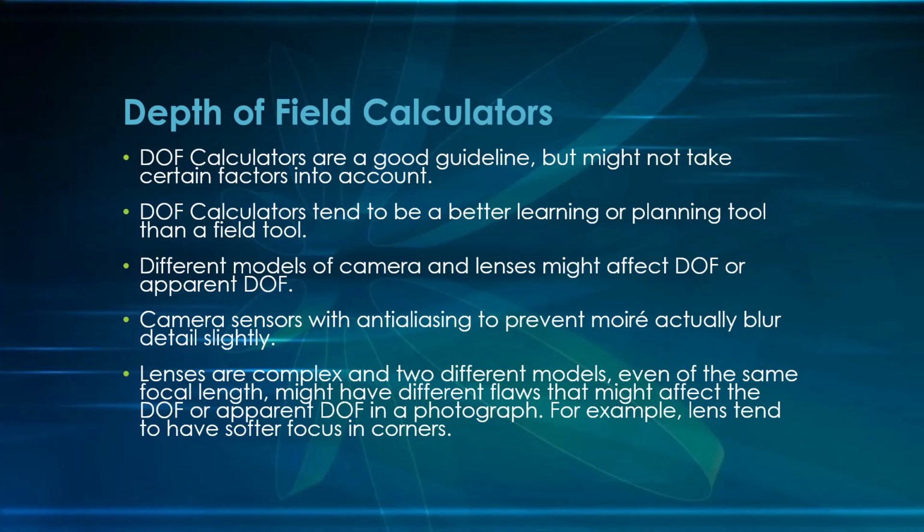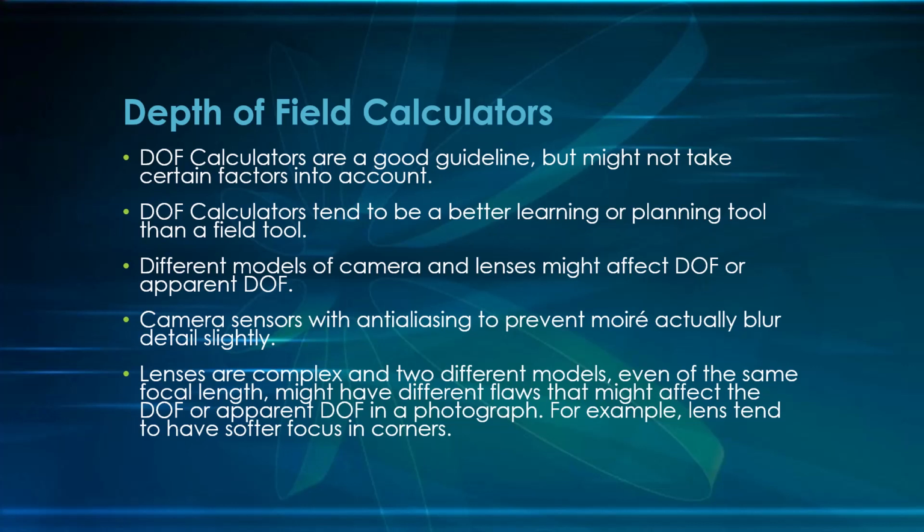Once again, we always have to determine whether this is a standard measure of focus or apparent measure of focus and such. Camera sensors with anti-aliasing to prevent moire actually blur detail slightly, so that could affect your perceived depth of field because it's blurring it.